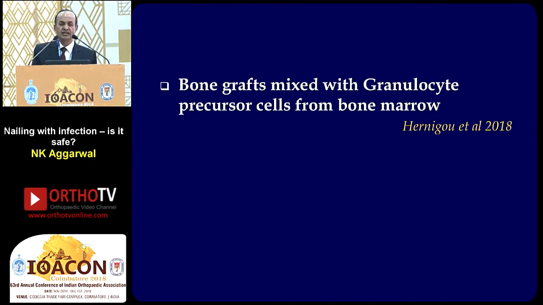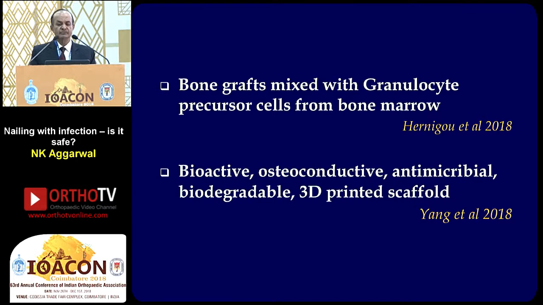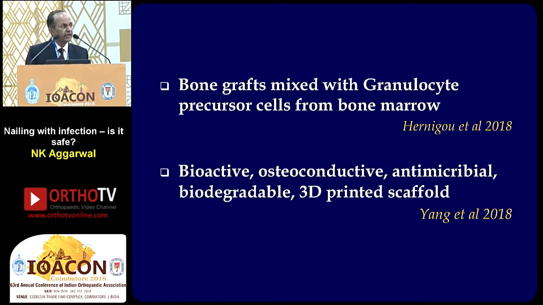Very recently, just last month, there have been two publications on bone grafts mixed with granulocyte precursor cells used as an antimicrobial agent. And bioactive, osteoconductive, antimicrobial, biodegradable 3D printed platforms have been used for gap situations as antibiotic or antimicrobial drug dispensers.